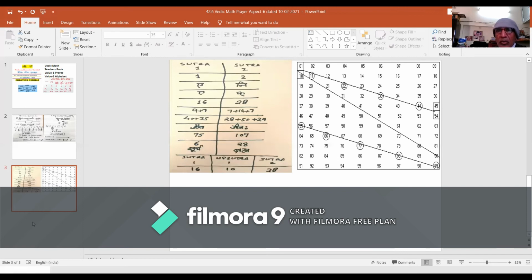Now, a visit to this organization of 99 double digit numbers as a 9 cross 11 grid will split this organization into an upper part and a lower part along the demarcating line of values 10, 20, 30, 40, 50, 60, 70, 80. See, the upper part has a mirror placement at values 11, 22, 33, 44, and the lower part has a mirror placement at 55, 66, 77, 88, and 99.